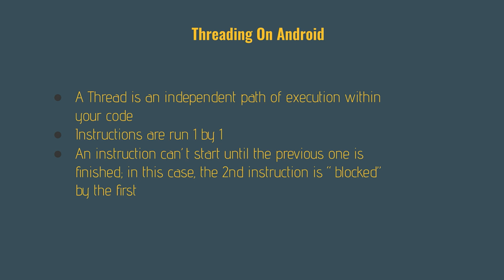The same way we think about stepping through our code visually, we might look at line 10, line 11, line 12. That's very much the same way in which a thread is going to run each of those instructions within your code. As we're running these instructions one by one, an instruction can't start until the previous one is finished. In this case, the second instruction is considered to be blocked by the first.